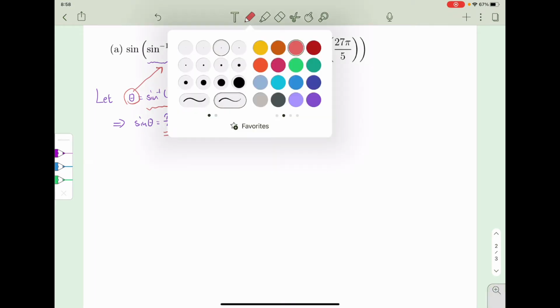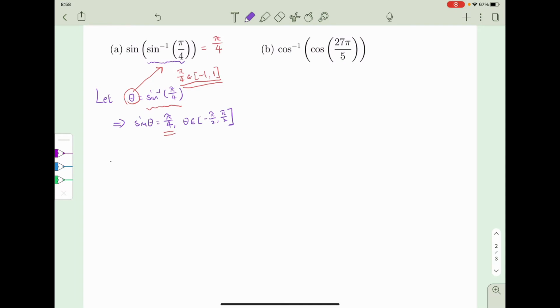And more generally speaking, whenever we have an expression like sine of inverse sine of x, this x is an abstract symbol, maybe 2 pi, maybe pi, maybe whatever values. This thing is always equal to x as long as this x is inside our domain from negative 1 to 1.